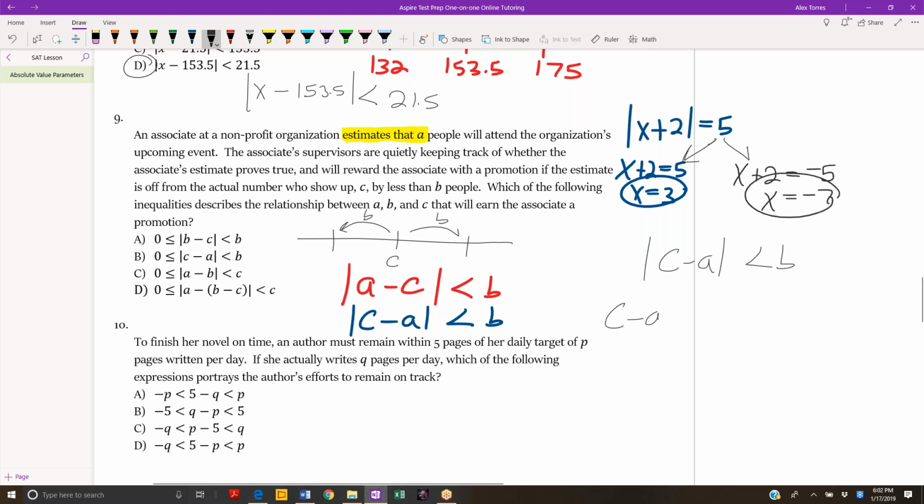We're going to say C minus A and B right here, C minus A and negative B. Same thing we just did a second ago with x plus 2 equals 5. On the first one, we're going to leave it alone, just like we did a second ago. And on the one that's negative, you reverse the inequality. So you have your two scenarios, but when it's an inequality, there's an extra step. On the negative side, you reverse the inequality symbol.